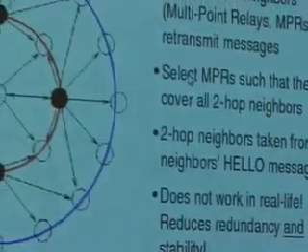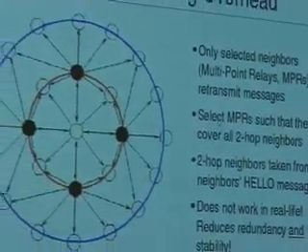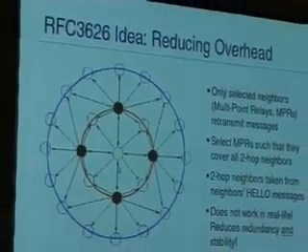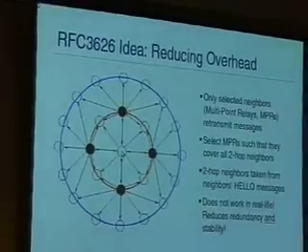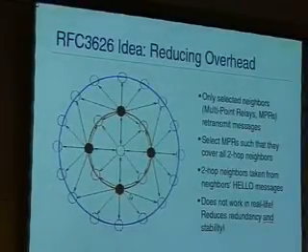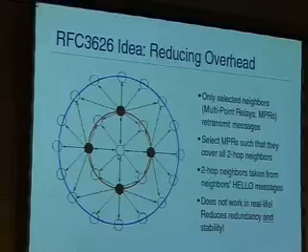Let's handle the multi-point relays first. You see, there is a node in the middle, and it has several neighbors. The idea of multi-point relays is to reduce the redundancy of repeated topology control messages.